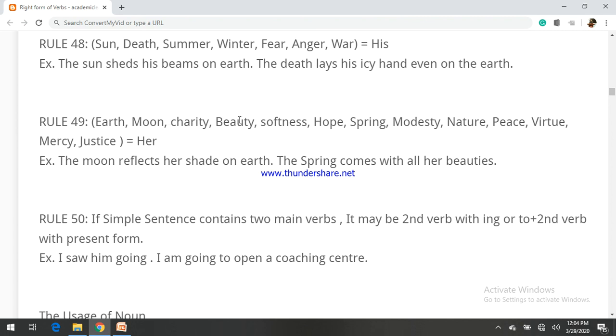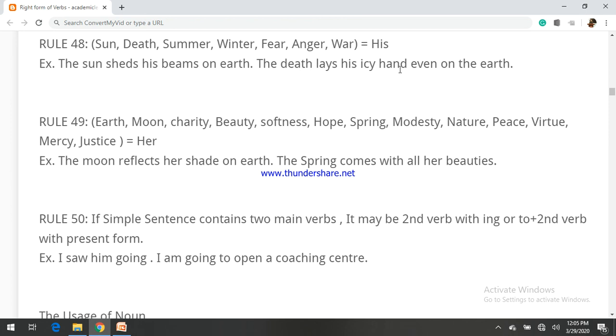And earth, moon, charity, beauty, softness, these words are soft. Let's say the light of the moon is very soft, but the light of the sun is not soft. That's why the moon is compared to a woman or lady, and the sun is compared to a man or boy. And that's why the sun sheds his beams. You cannot write here the sun sheds her beams. Here he is the pronoun.